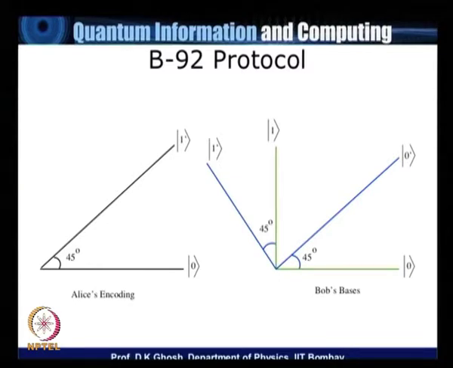Now notice, in that case, Alice could not have sent 0, because in this particular case, Alice's basis and Bob's basis were identical. And since the bit 0 is perpendicular to the bit 1 in this basis, when Bob measured 1, Alice could not have sent 0. So she must have sent 1 prime.